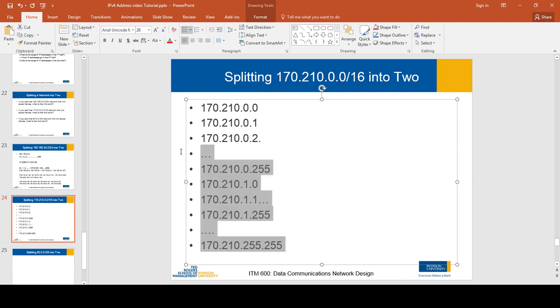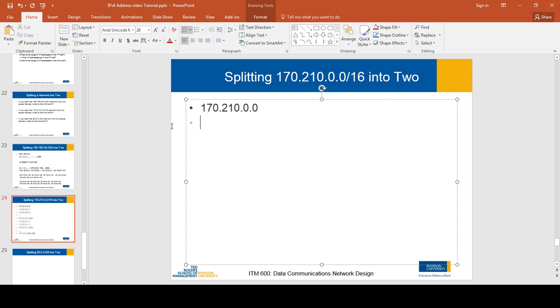So that gives us in this network 256 times 256 IP addresses, which is 65,500.